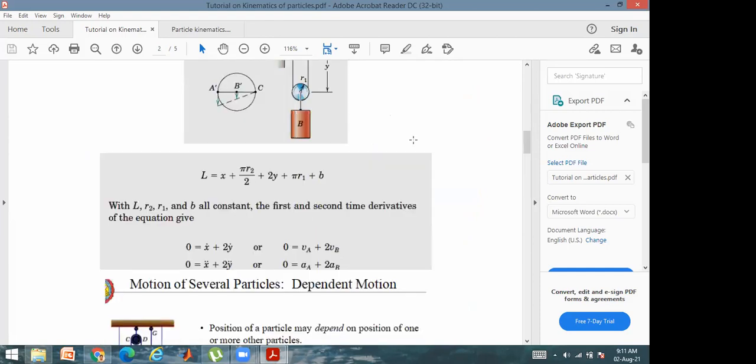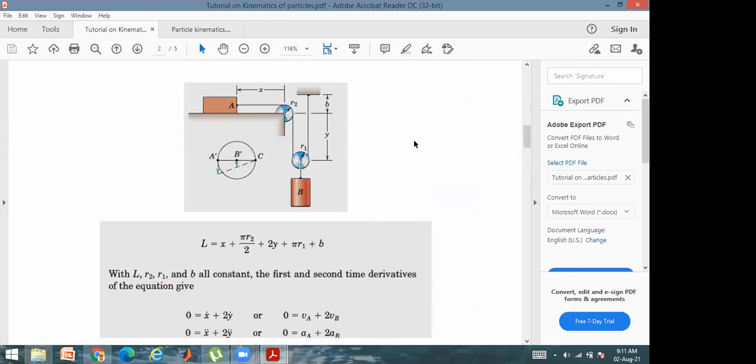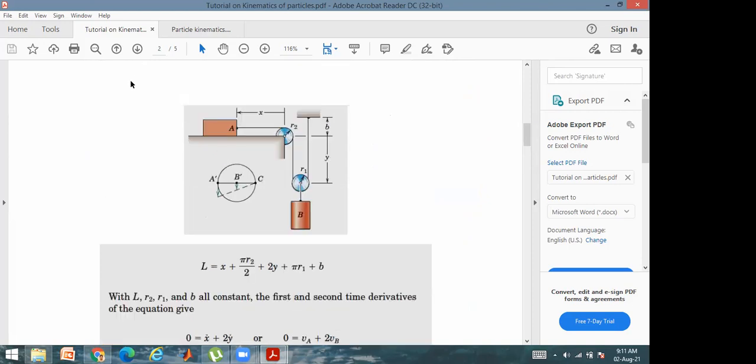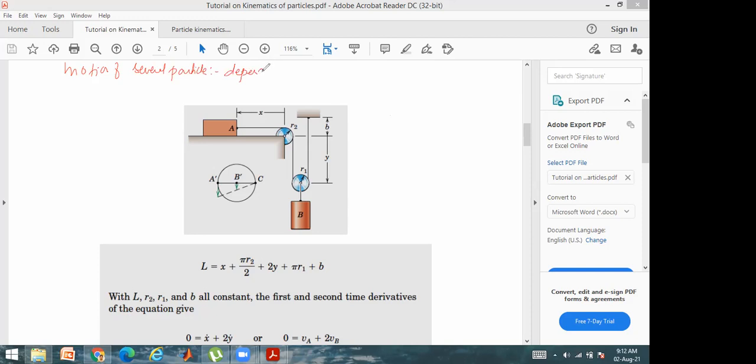So today we'll be discussing the motion of several particles, that is dependent motion.